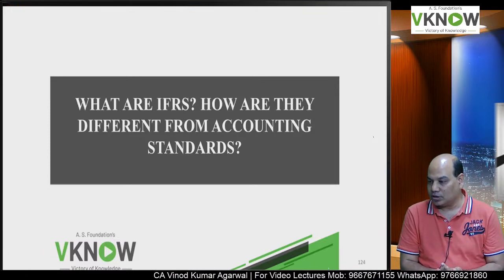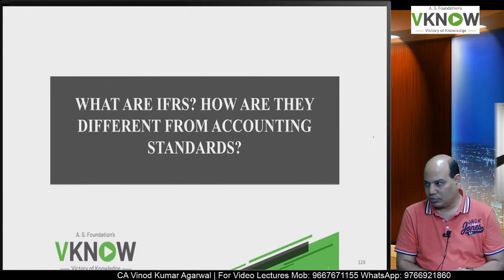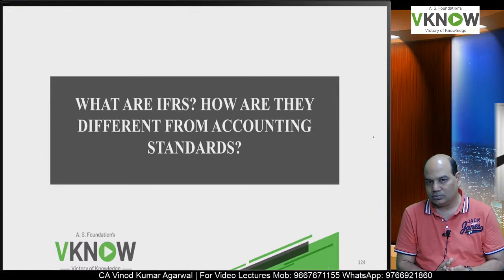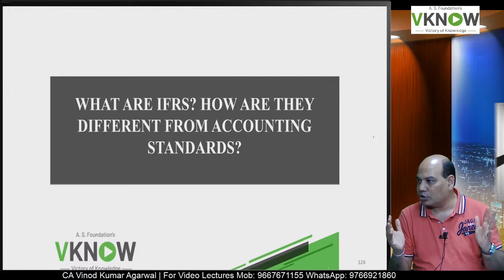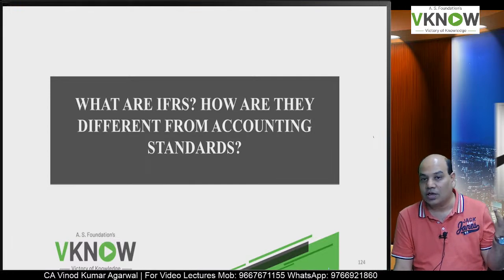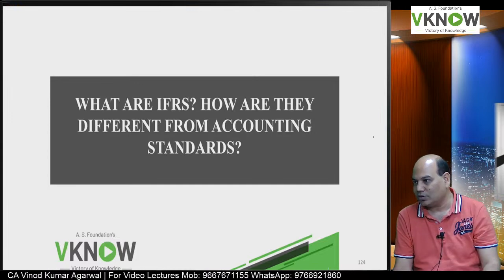How IFRS is different from accounting standards. Not a part of syllabus. The question was why have we converged to IFRS? What is the extra thing we are getting in IFRS which was not there in our accounting standard?